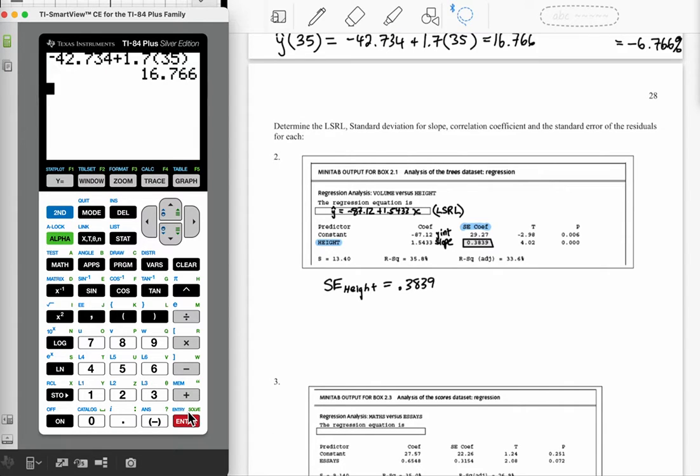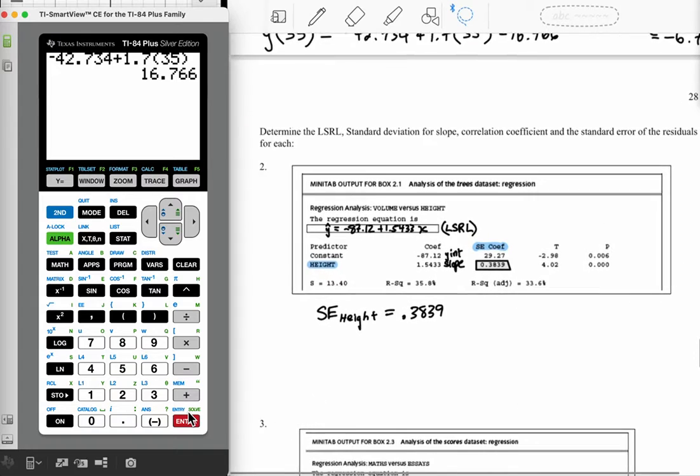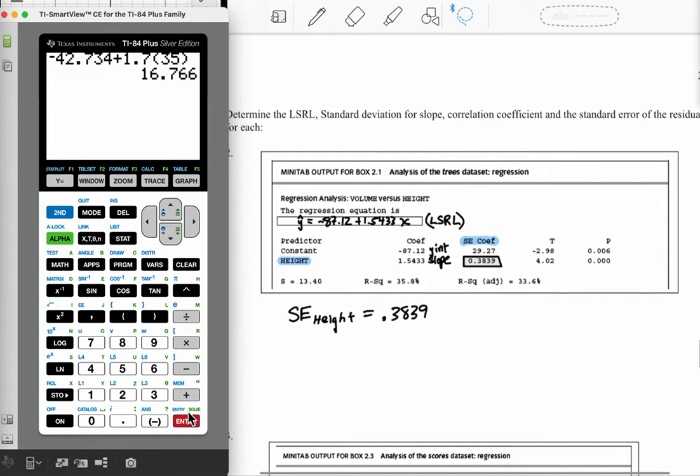Why does that matter? Because when I'm talking about the units, it's a possibility of height or volume. Those are two different types of units. One's linear and one's cubic. In this case, I'm talking about height, so it would be whatever the linear units are, inches, centimeters. They didn't tell us here, but we would want to make sure we include that in our write-up.